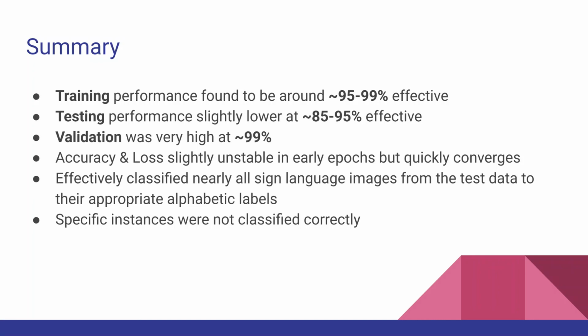And nearly all sign language images from the test data were effectively classified to the appropriate alphabetical labels. But as for specific instances, they were not classified correctly. One time I ran the model, I got class 1 or the letter B matching properly, but that's just one time I ran the model from before.